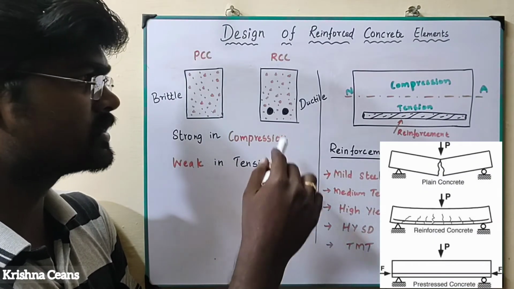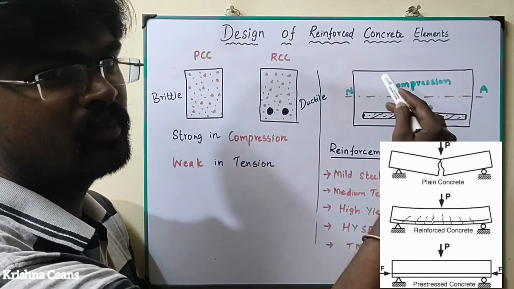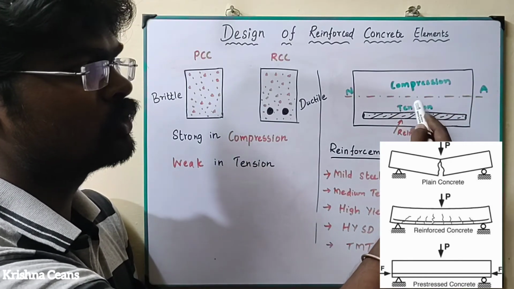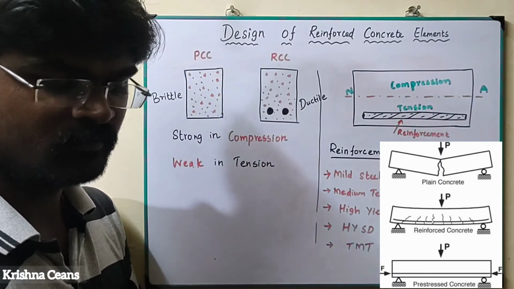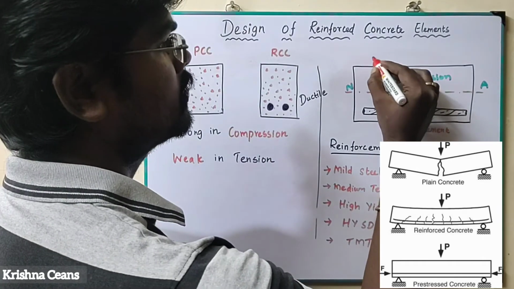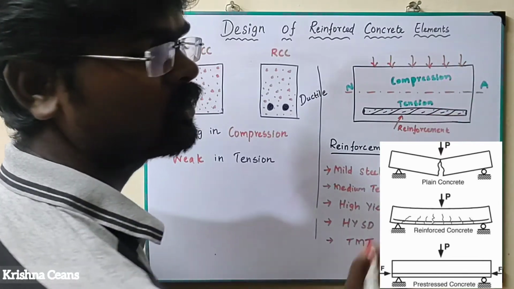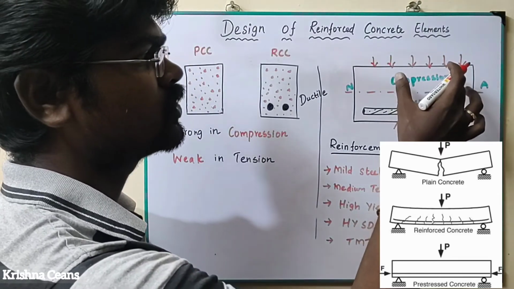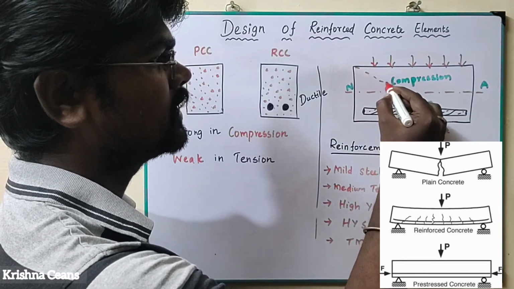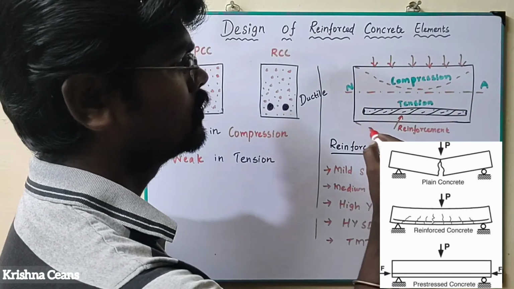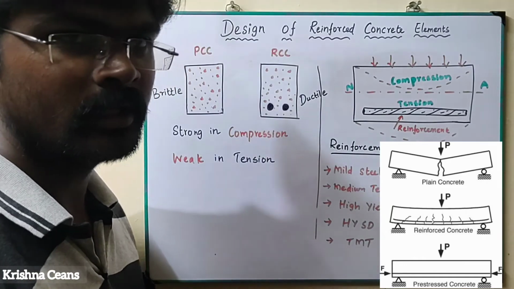When it comes to tension, when we give the load on the concrete, this is the compression part, this is the tension part. In the tension zone it is always weak. When load is acting on the concrete, the compressed zone will be strong, so it never fails, whereas the tension zone will deflect like that, which leads to cracks.